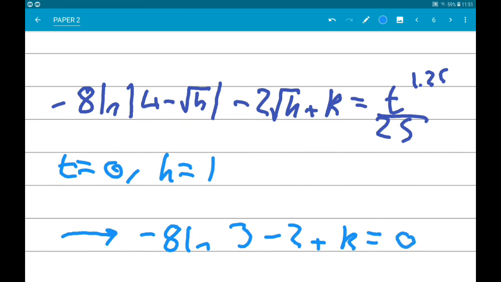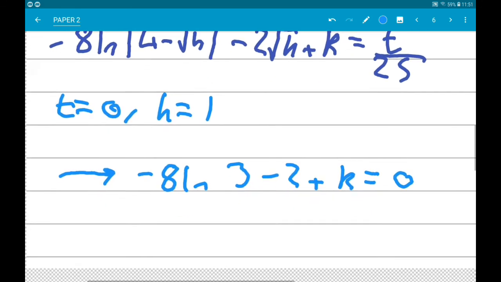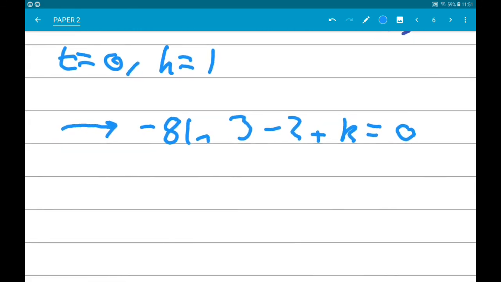So that tells us that k is 8 log 3 add 2.